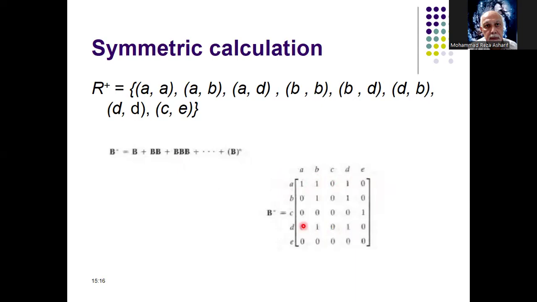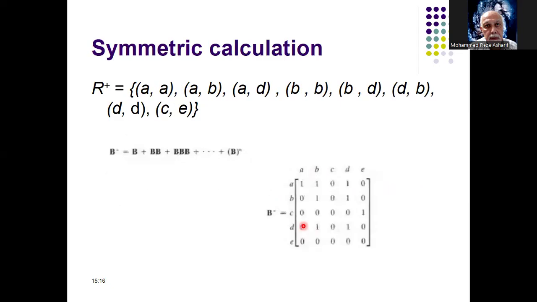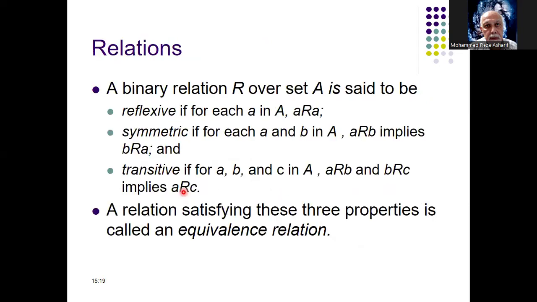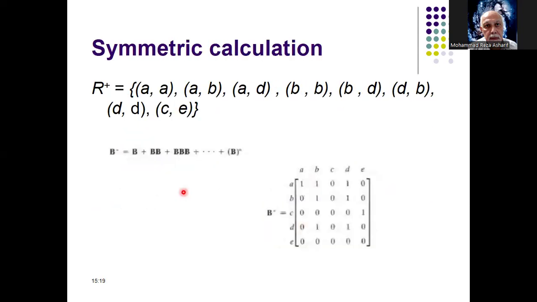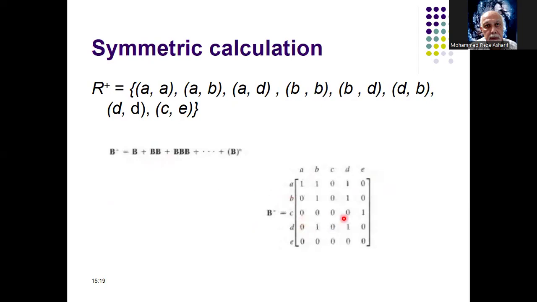If some points are missing here, for instance, if you compare these two, here is missing, here is missing. Here this point B and B is missing, but the next one is here.